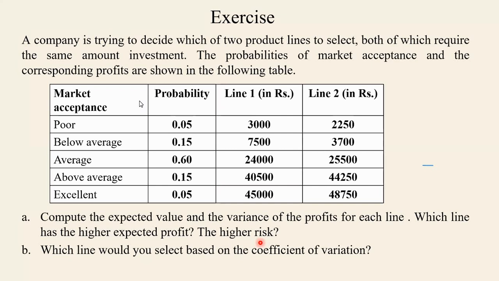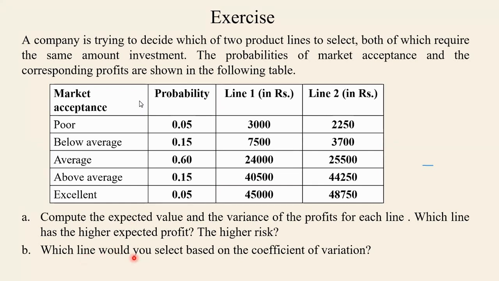So to find out which line has more variance, that line has the higher risk. So for both lines, you have to calculate the variances, right? Then from that, which line has more variance, that line has the higher risk, right?